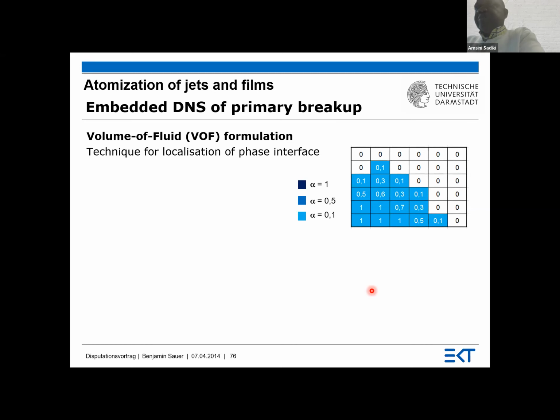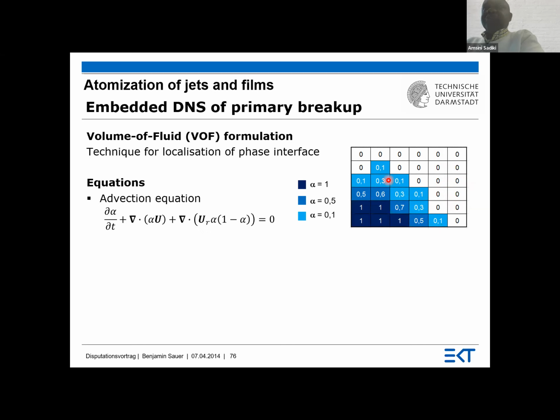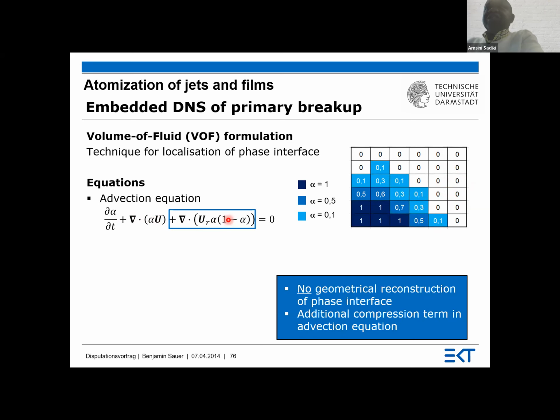And here we have also already some 10% of liquid, and we can now say that here we don't have liquid, we have only gas. And we can say, okay, this part here is my interface, and I follow it based on this alpha, where we also introduce a compression term in this advection equation.